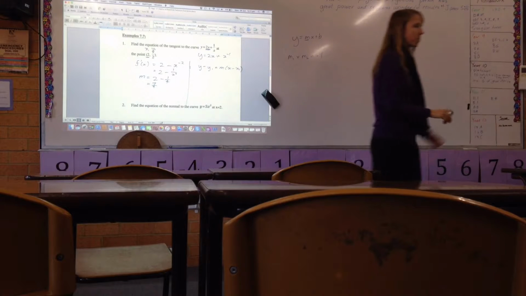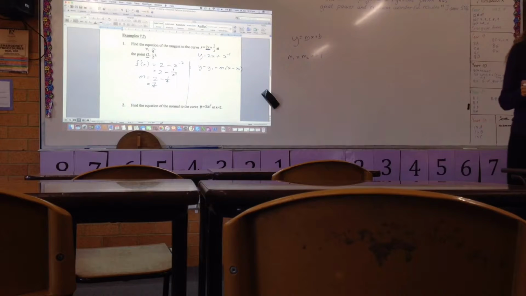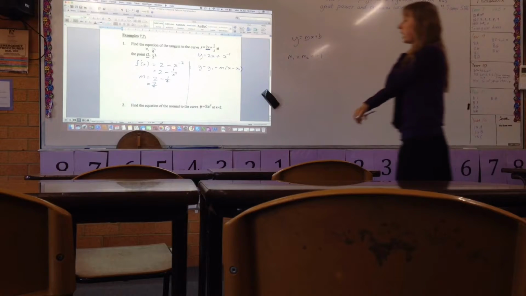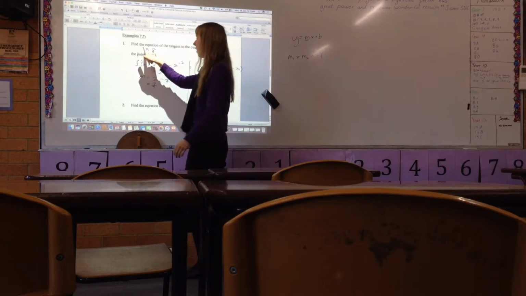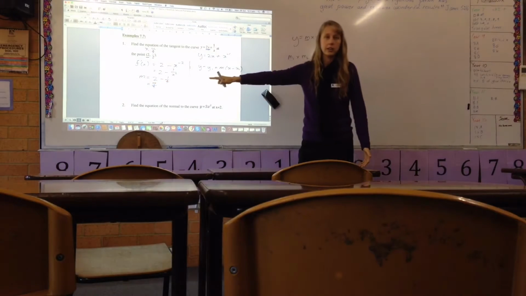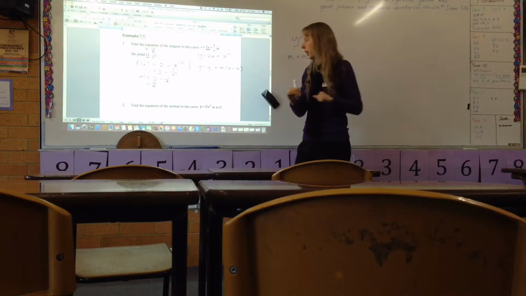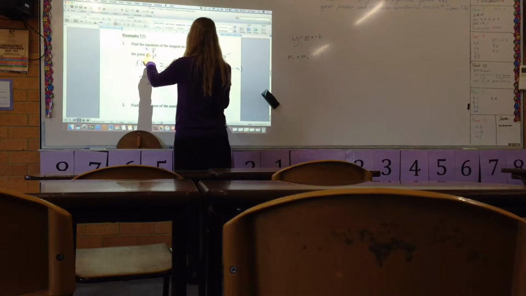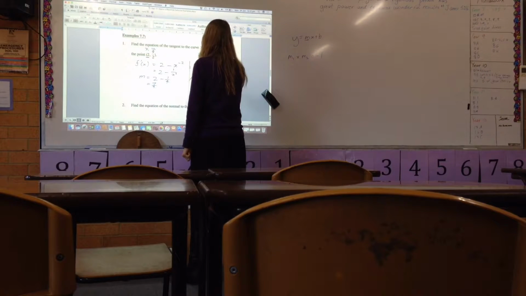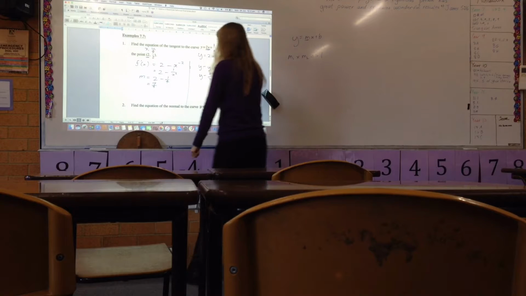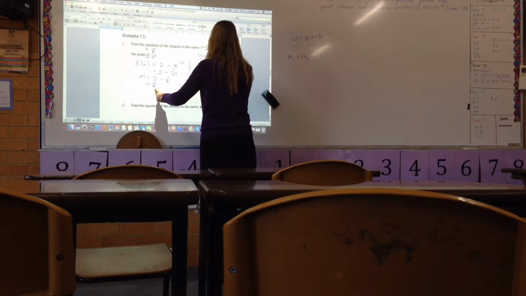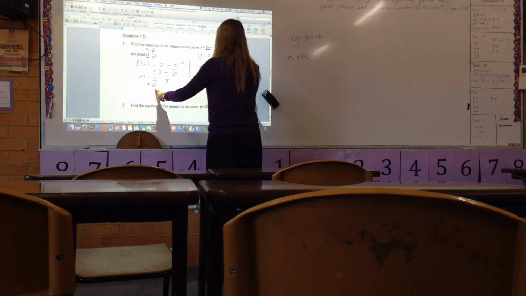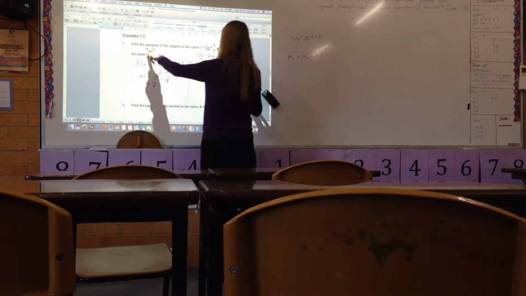Remember that? We've used this before. So now we'll just substitute our values here. We've got y1, we've got x1, and we've got the gradient. We've got everything to make this work. So we have y minus 9 over 2 equals 7 over 4 (x minus 2).